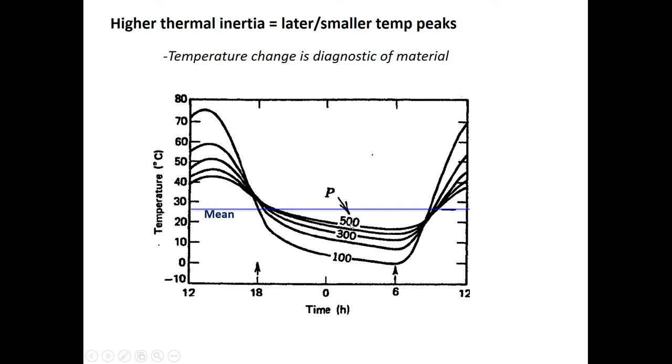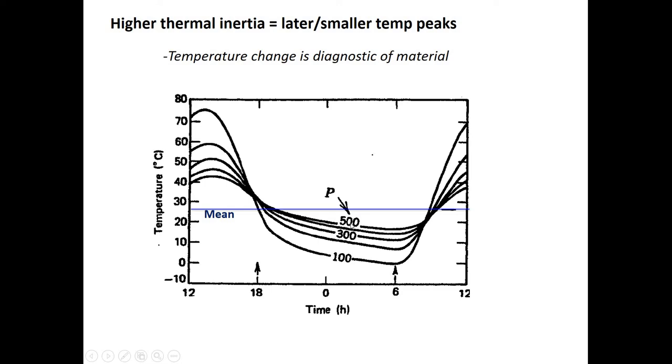So now let's look at this one, the 500. So this is a high thermal inertia. So again, coming in the afternoon, it has not heated up as much, okay, because it has a high thermal inertia, so it's tracking always closer to the mean temperature. So it doesn't get very hot, and then as the sun sets, it actually doesn't get that cold.